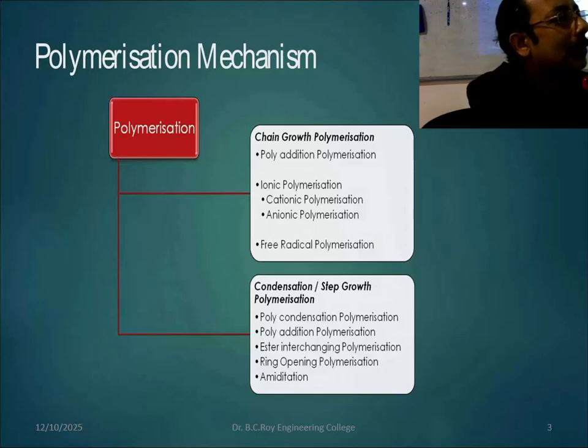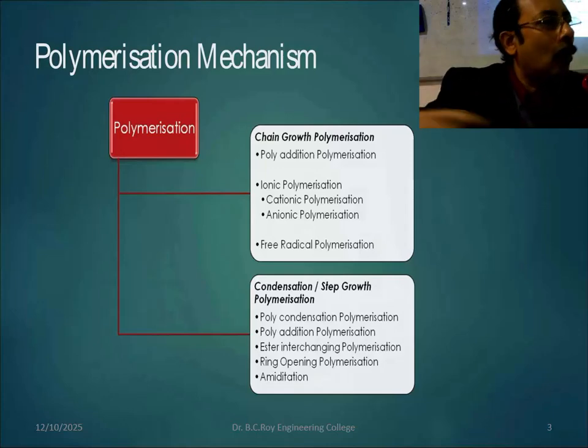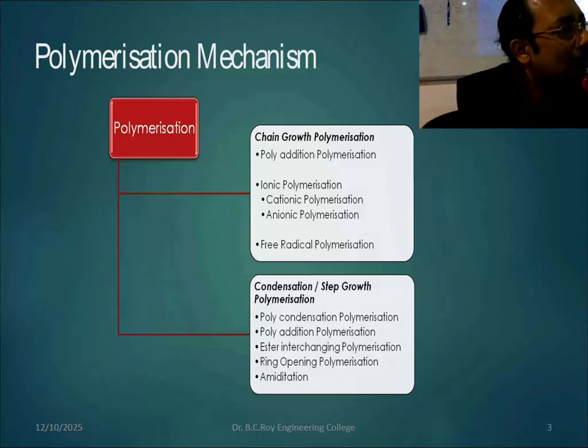That way the polymerization happens. The double bond is broken and repeatedly the monomer units get added again and again, and you get a long chain. That is called chain growth polymerization. It is very fast and random. And how does it happen? By a radical mechanism. First of all, the radical is formed, like for example ROOR, that you are already familiar with. I have already shown you earlier.